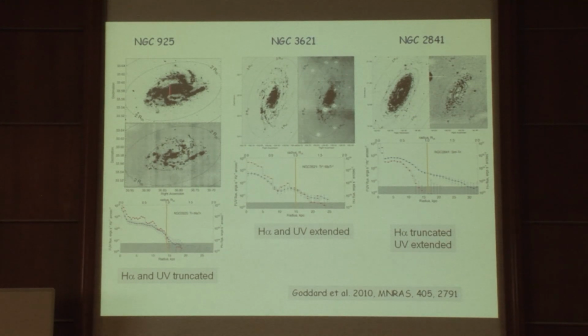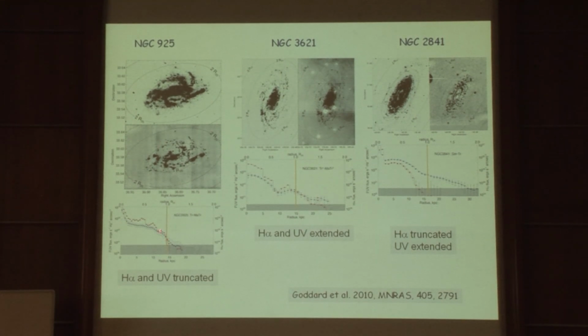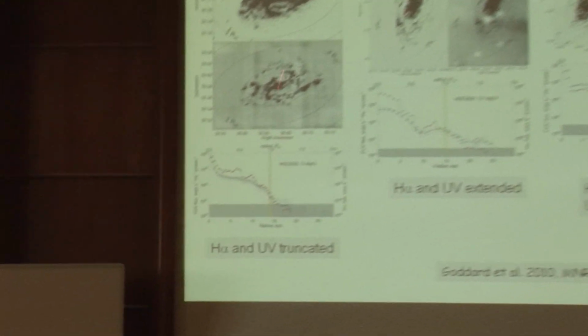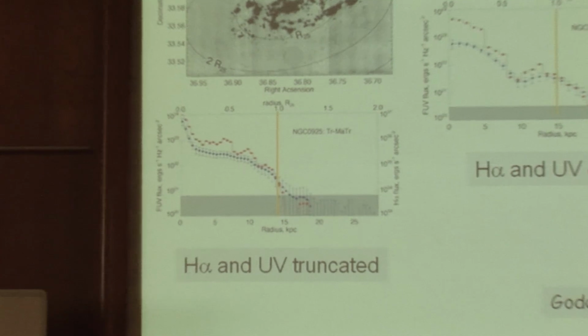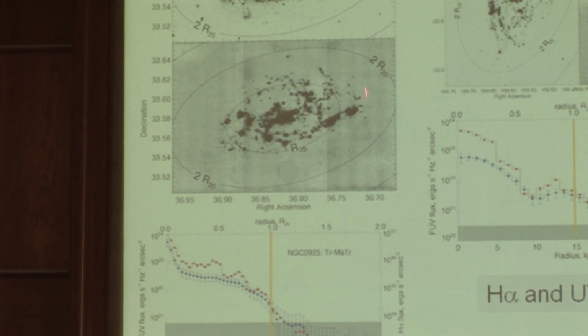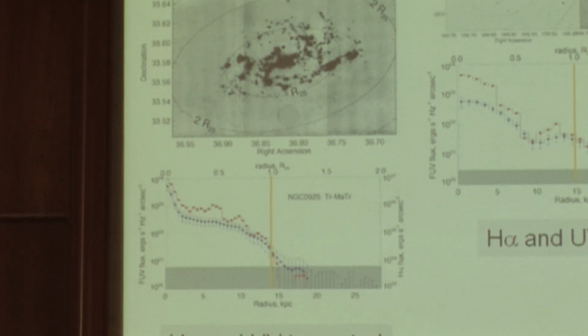So, for example, galaxies like NGC 925 show relatively little emission beyond the Holmberg radius. That's the yellow line in each case, and this is a logarithmic scale. So they tend to cut off completely, almost completely, not far out of R25, both in the ultraviolet and in H-alpha.